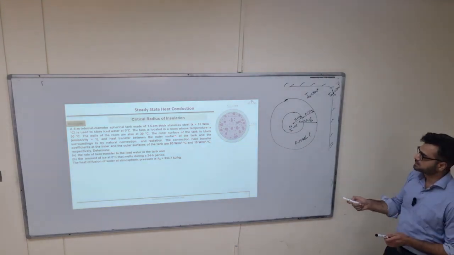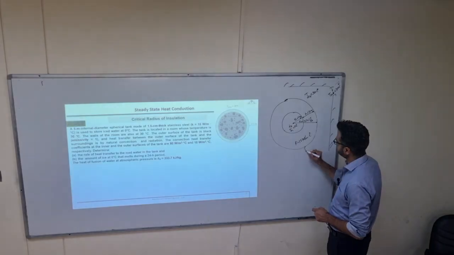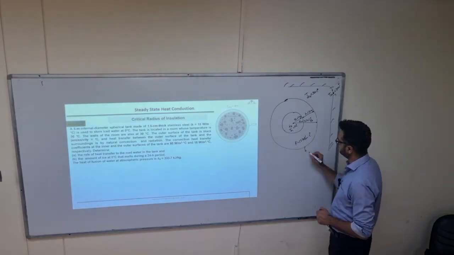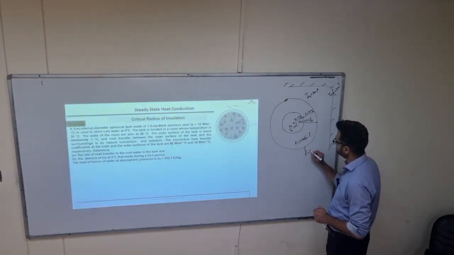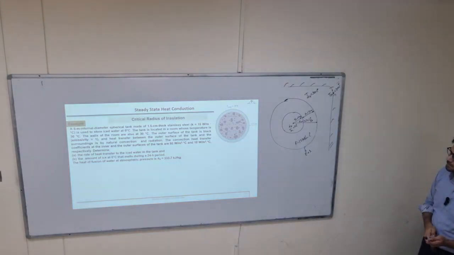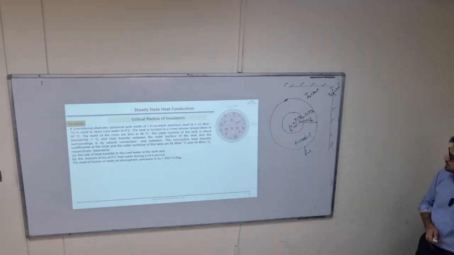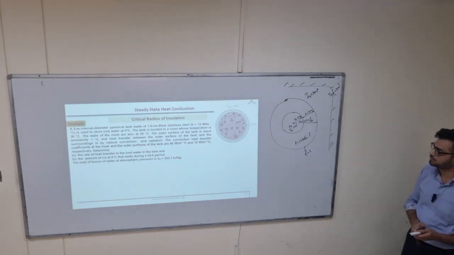Next, the outer surface of the tank is black. So outer surface of the sphere is black, and emissivity is given as 1. And heat transfer between the outer surface of the tank and the surrounding is by natural convection and radiation, so radiation is not neglected. The convection heat transfer coefficients at the inner and outer surfaces of the tank are given.